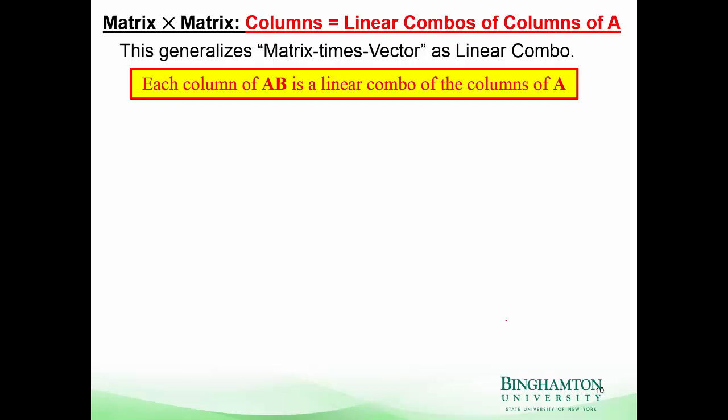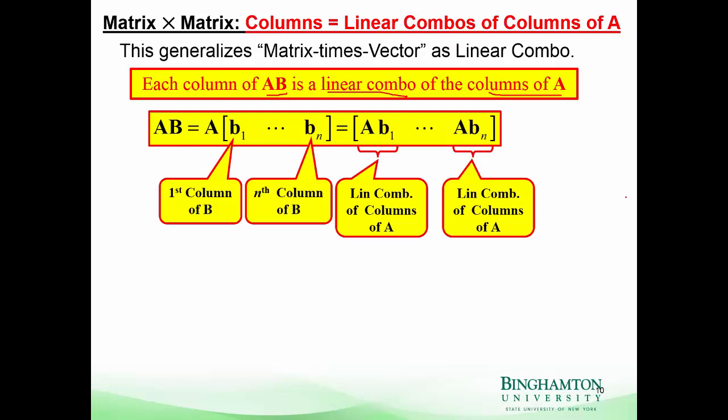Now, here's a powerhouse way of thinking about matrix times matrix. It's not necessarily something that we do, but it's certainly a way that we think about what the result means. And so each column of the product is nothing more than a linear combination of the columns of A, and in general will be some different linear combination.